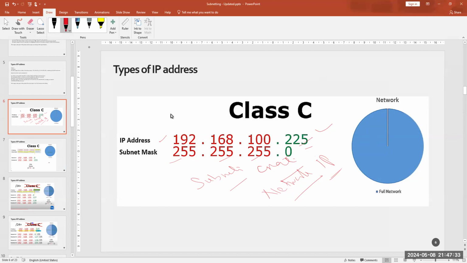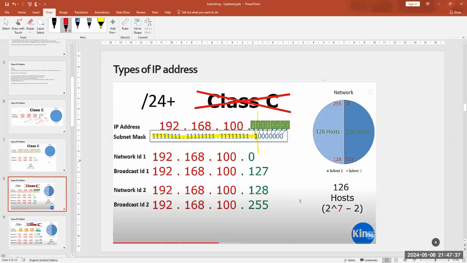So here, I will go with the classless approach. Earlier, if I'm going with the class approach, then the CIDR is /24. If I'm going with subnetting and it is classless, I need to borrow one bit from here.